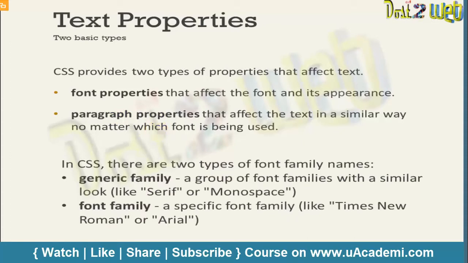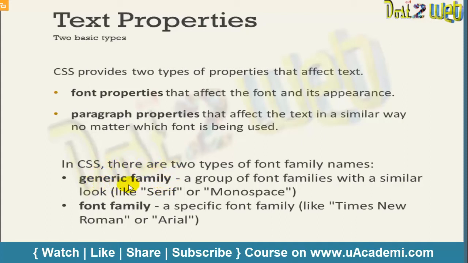In CSS, generally we have two types of font family. Whenever you are going to define the font family, you will see a number of font families in Microsoft Word, PowerPoint, or whatever other tools you use for writing text or paragraphs. Here in CSS we have two font family types. The first one is the generic family.